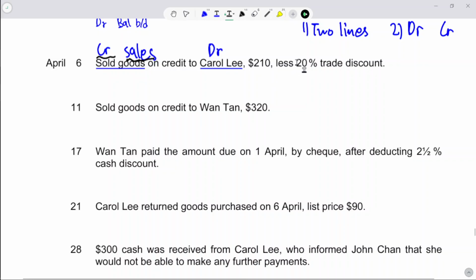Then this one has a 20% trade discount, doing calculation. Now let's go to the next line, April 11. Two lines, debit, credit.